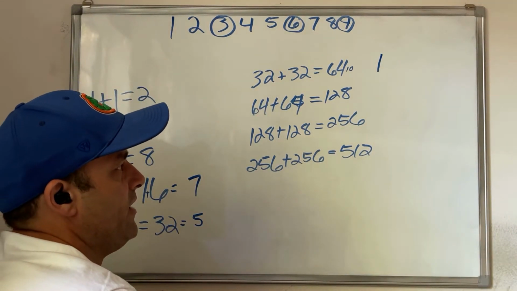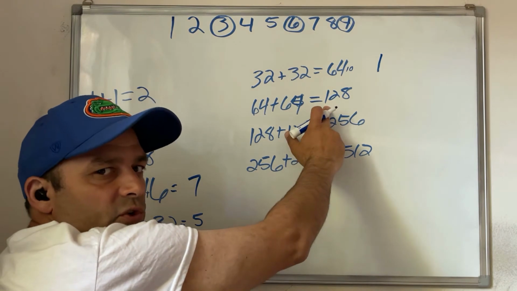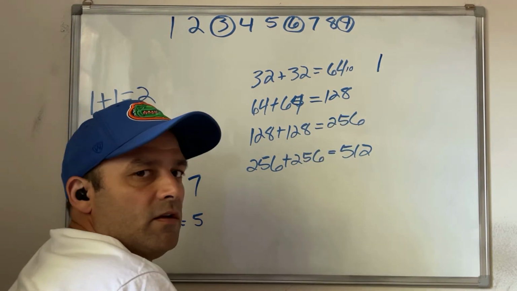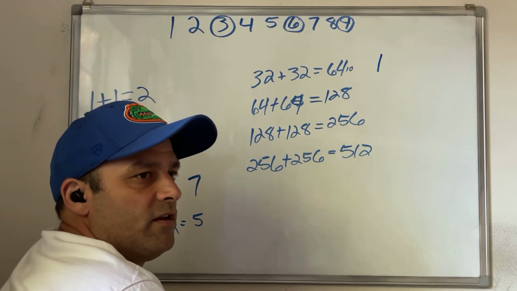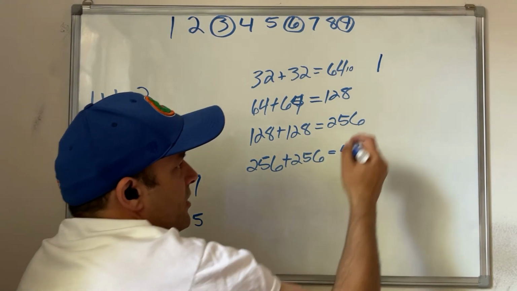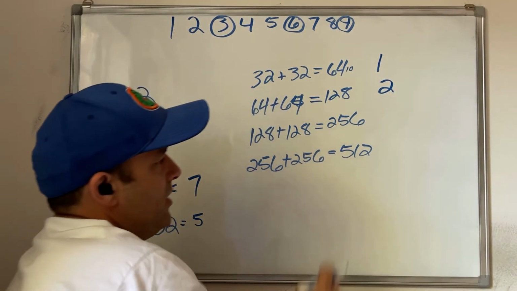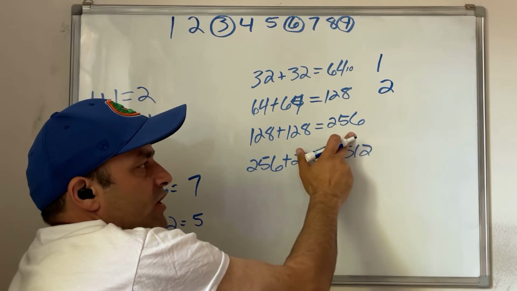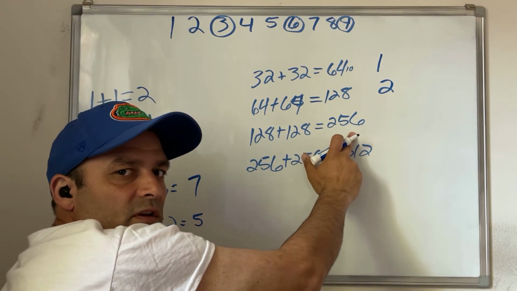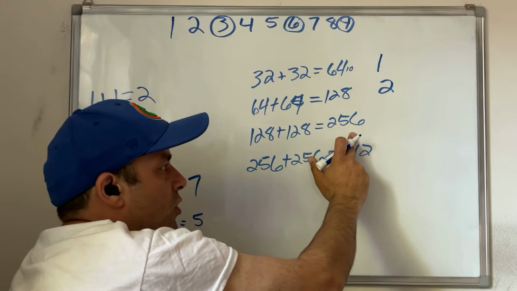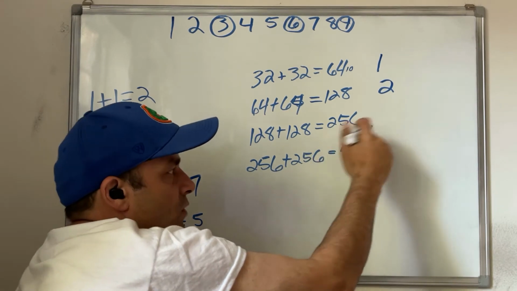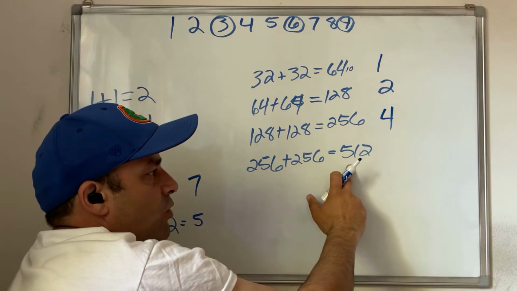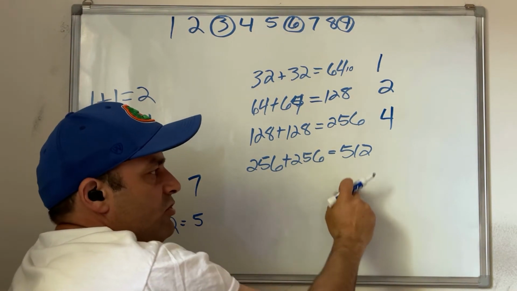Same with 128. 1 plus 2 is 3, and then 3 plus 8 is 11. 11 is 1 plus 1 is 2, okay? 256. 2 plus 5 is 7. 7 plus 6 is 13. And 1 plus 3 is 4, right? And then 512. 5 plus 1 is 6. And 6 plus 2 is 8.